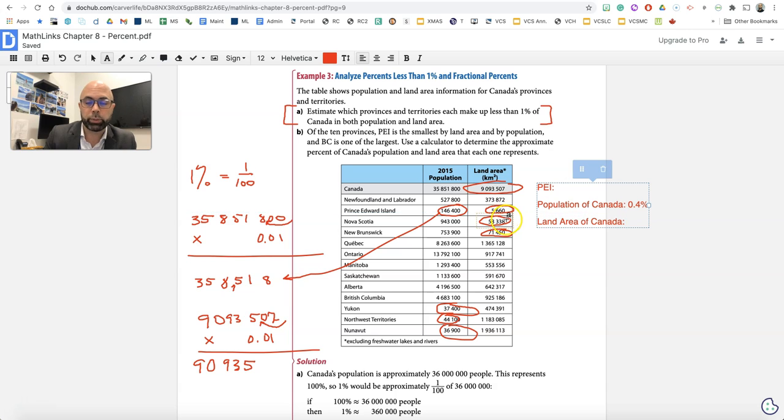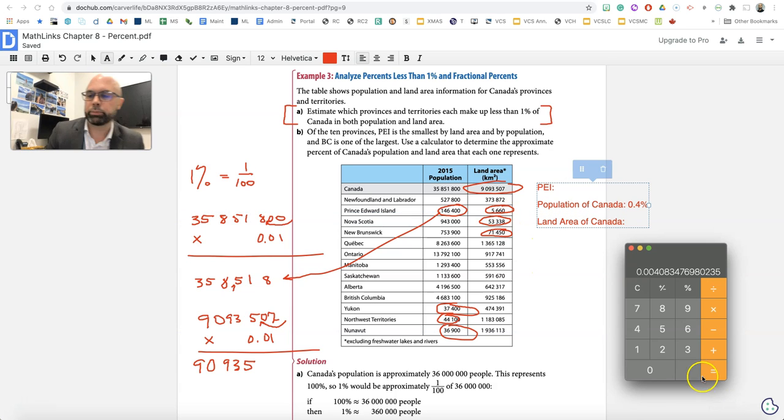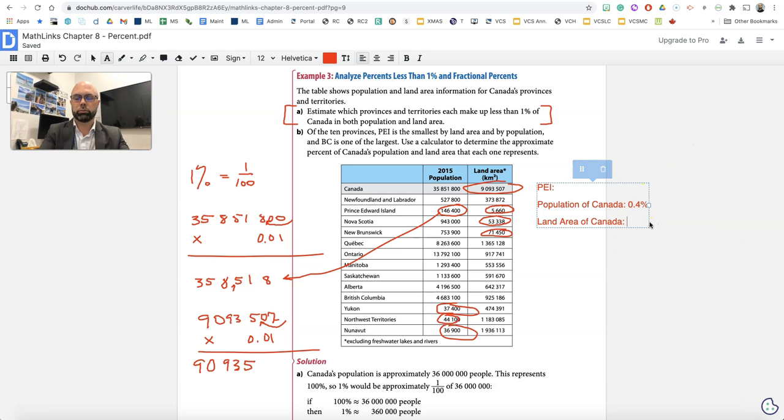So, wow, this is going to be small. 5,660 divided by 9,093,507. 2 zeros, so it's going to be 0.06%. It's weird that it does that.